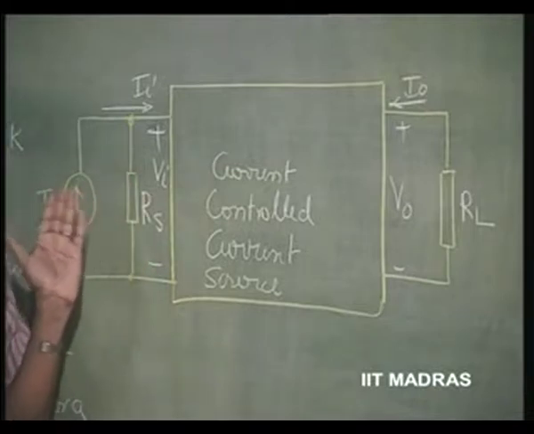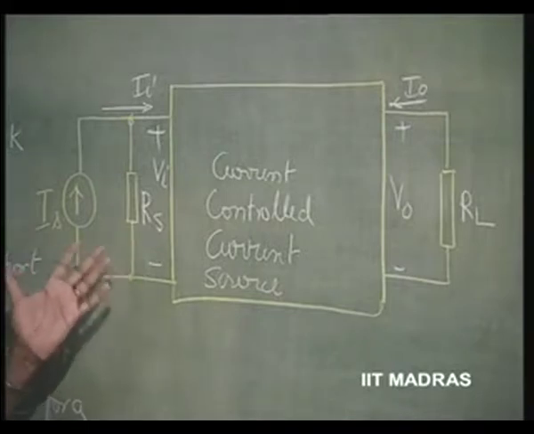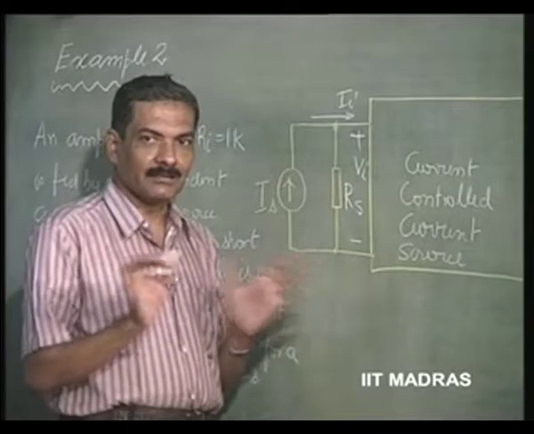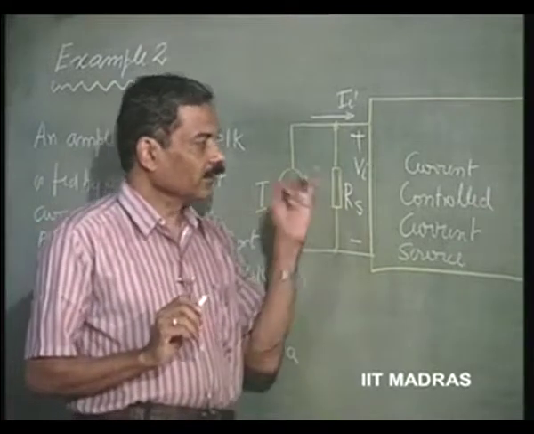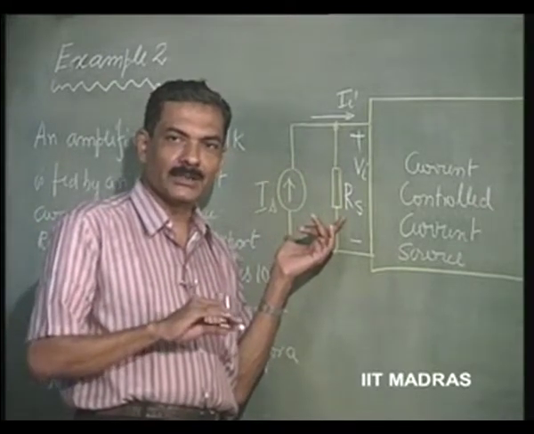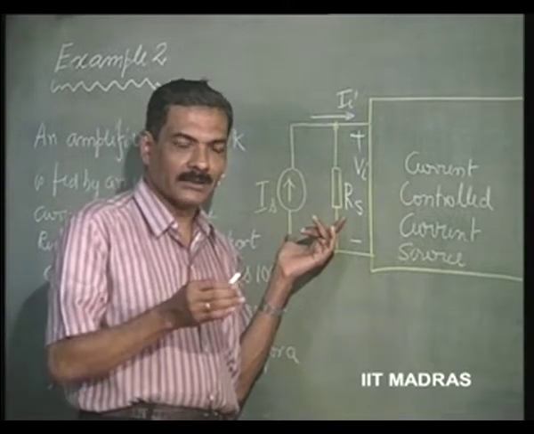Only thing is, ideal independent sources cannot have any equivalence. Ideal voltage source and ideal current sources cannot have equivalence. Non-ideal sources can always be put down as voltage source in series with the resistance or current source in shunt with the resistance.